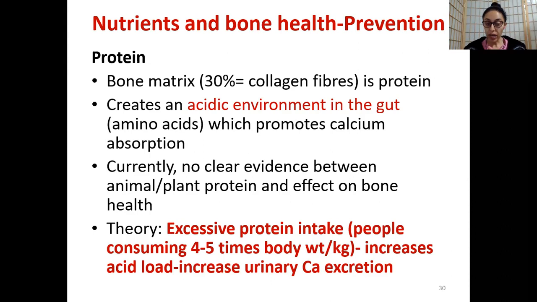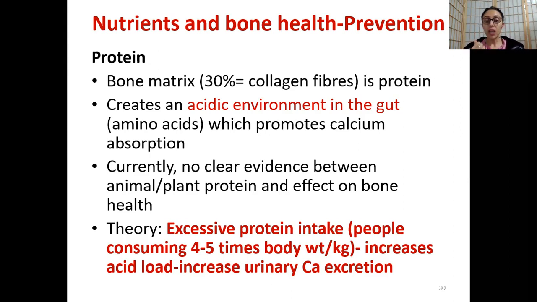Now guys, an important thing, this is a theory, it is still not clear, but what has been proposed is that a very high level of protein intake, say 4 to 5 grams per kg body weight, may increase the acidic load on your kidney, and therefore may increase the urinary calcium excretion.